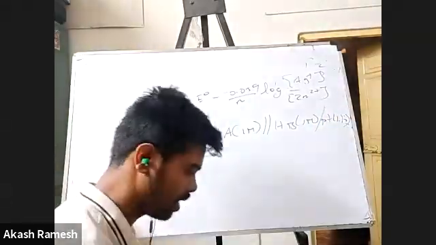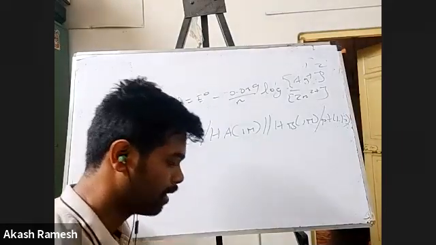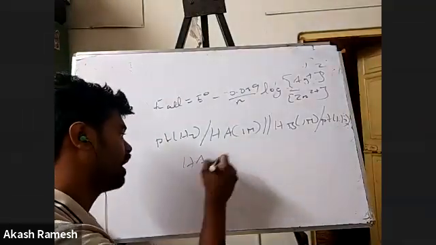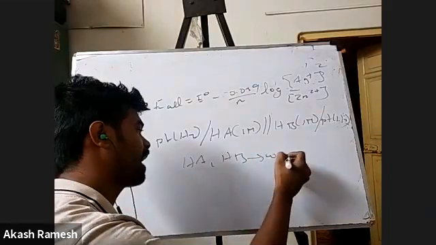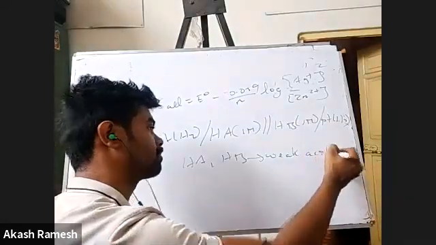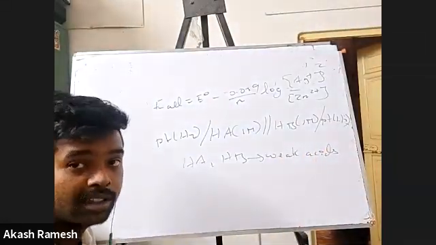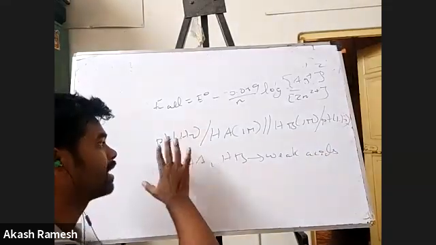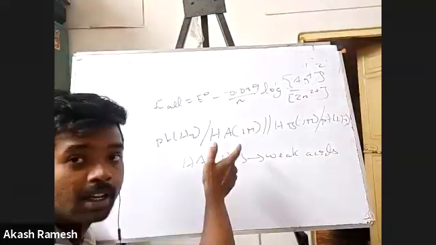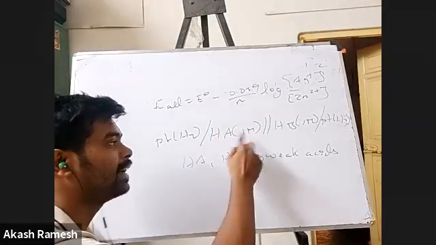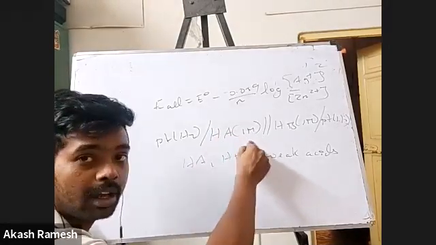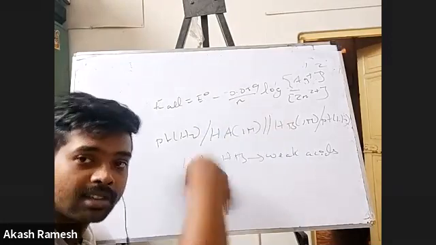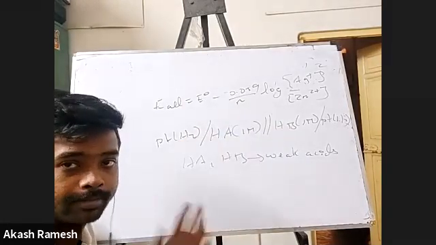Okay, this cell is given to us. Now this HA and HB are weak acids, right? So generally, how do I write? I directly write it as H2 bar H plus. So in that time, you could have directly taken whatever the concentration was given here as the direct concentration of H plus, right?